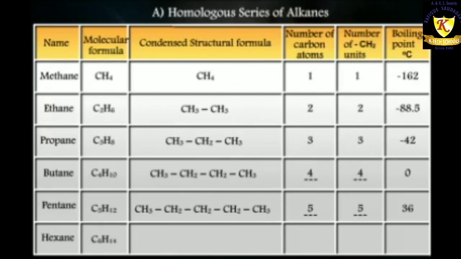Hexane, C6H14. Condensed structural formula is CH3CH2CH2CH2CH2CH3. Number of carbon atoms 6 and number of CH2 units 6 with the boiling point 69. Understood, children?